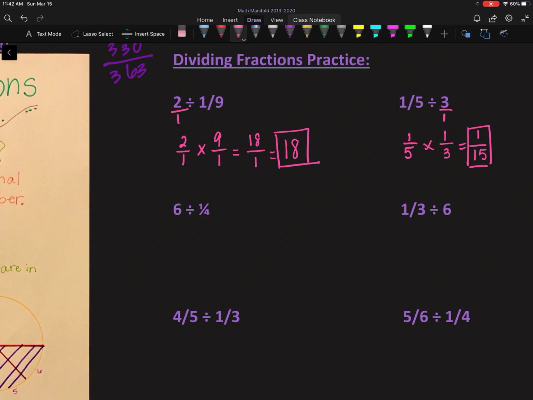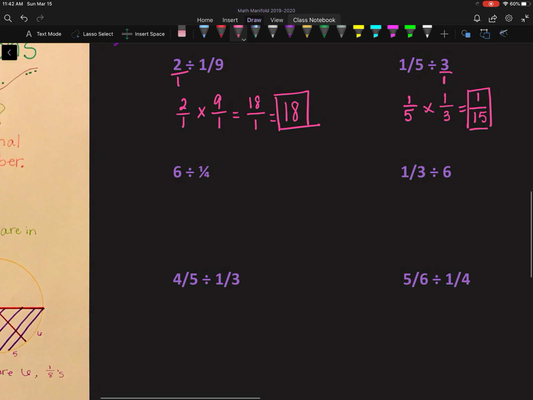I'm going to leave the 6 divided by 1/4 and the 1/3 divided by 6 for you to practice. And then I'm going to come down here and do 4/5 divided by 1/3. We are going to write down 4/5, change division to multiplication, and flip the numerator and denominator. So I have 3/1.